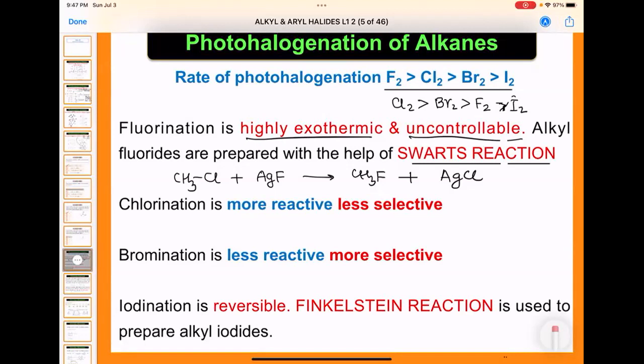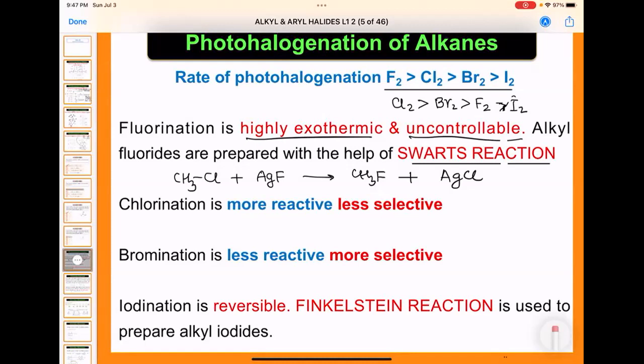It doesn't react further. Why doesn't it react further? Because of its bigger size, that unpaired electron is in a 5p orbital, which is very large. So that electron is very much dispersed over a large area. It is not able to form a bond with carbon.